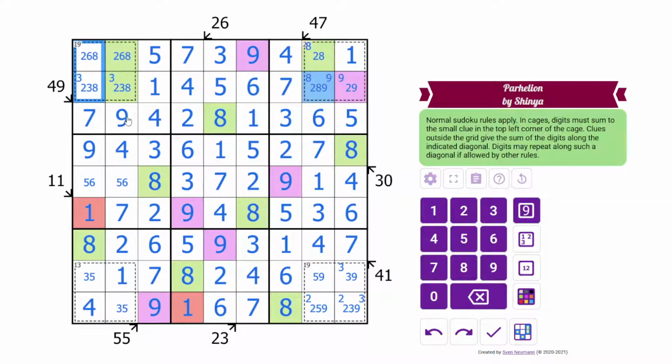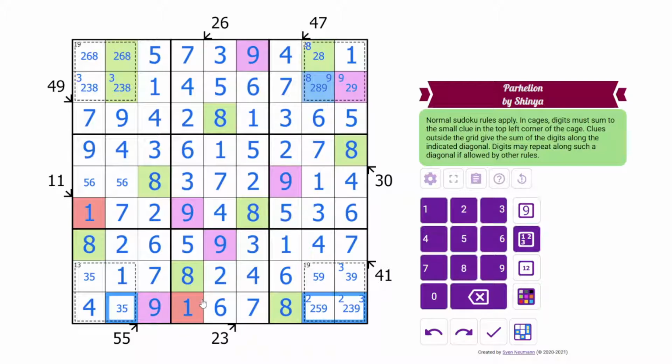Oh my gosh. 2, 6, 8. 2, 3, 9. Oh, wait. Neither of these can be 9s. 2, 3, 5, 9. Oh, come on.